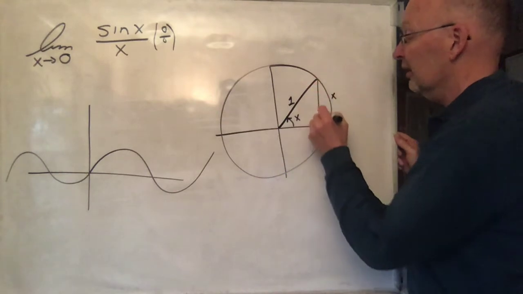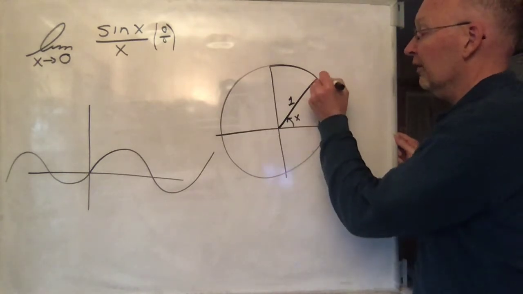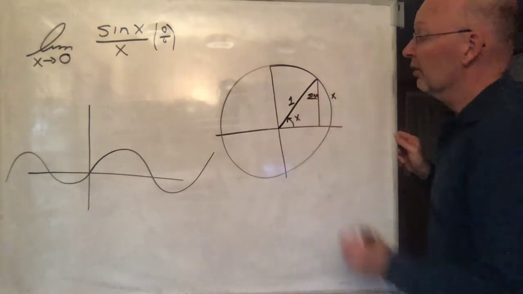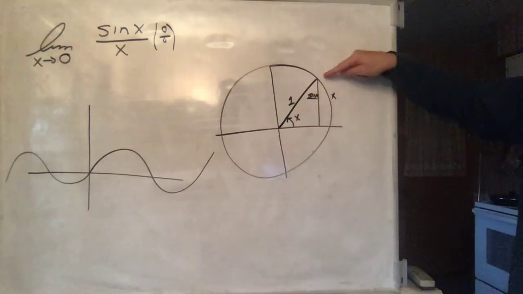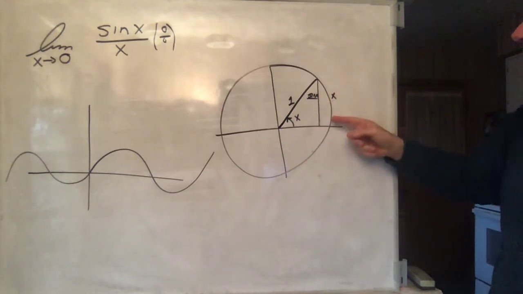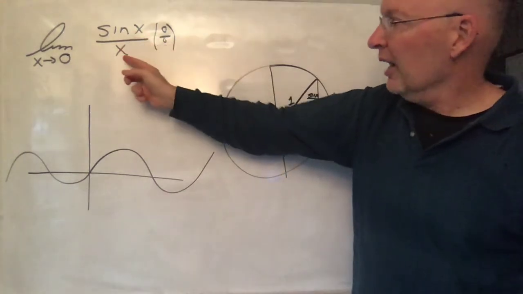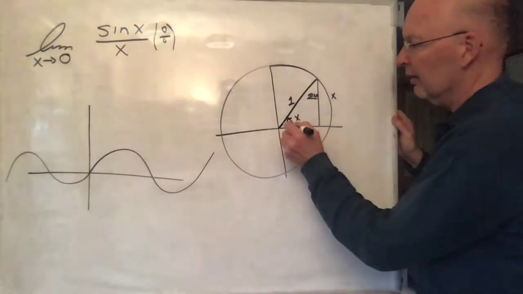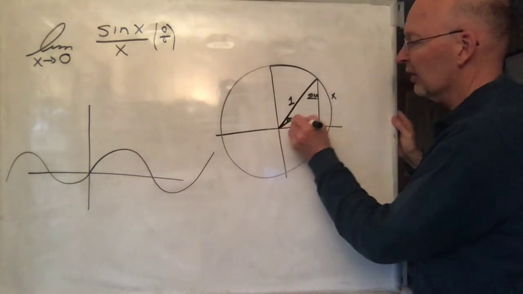And this length right here, the y coordinate of this point, is the sine of x. Okay? So here you have the sine of x, and here you have x. So the question is, what happens to those two lengths, the sine of x over x, as x gets smaller and smaller? Let's just see what happens by doing this.